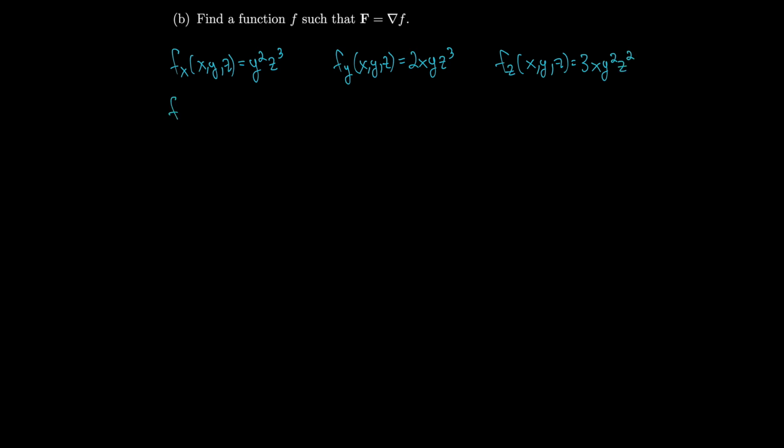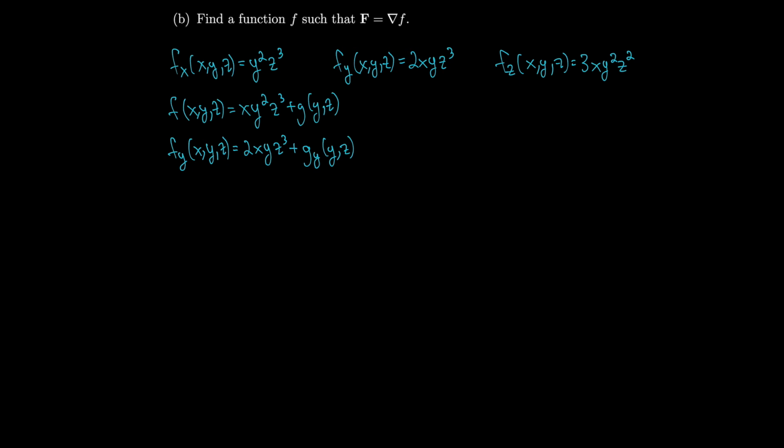So then we'll anti-differentiate with respect to x, and we get xy squared z cubed plus some function of y and z. And we differentiate with respect to y, so that we get 2xyz cubed plus the partial derivative of g of y, z with respect to y.